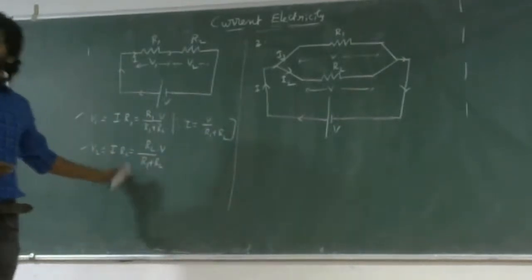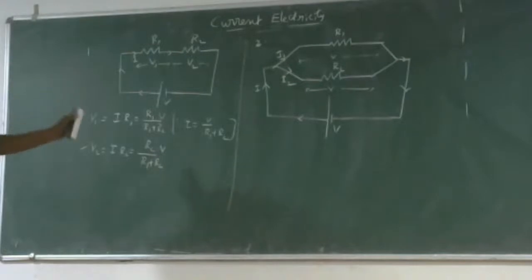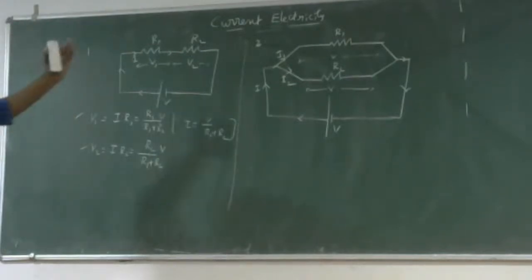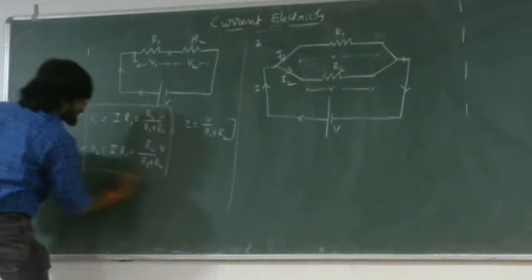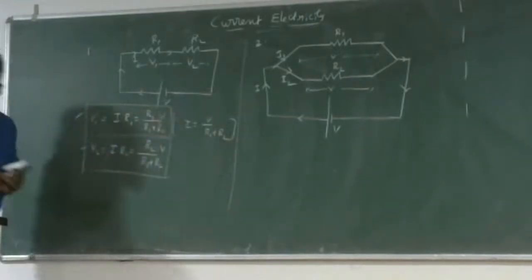We can remember these as shortcut relations. By using the potential divider principle, you can calculate V1 and V2 directly by remembering these formulae.